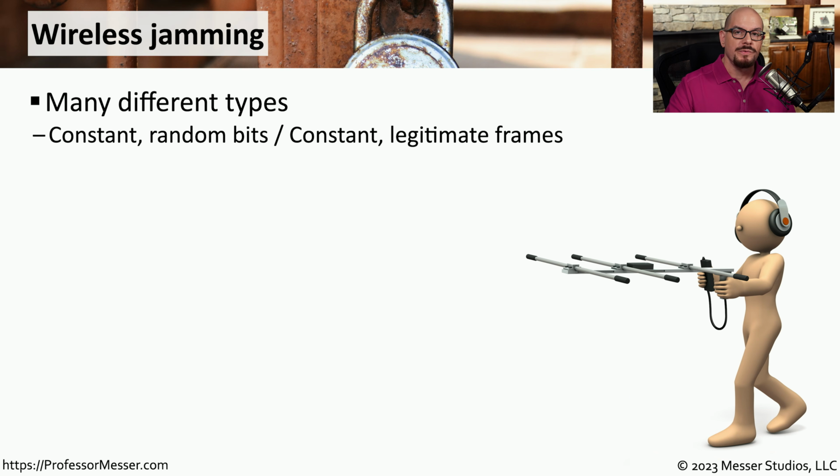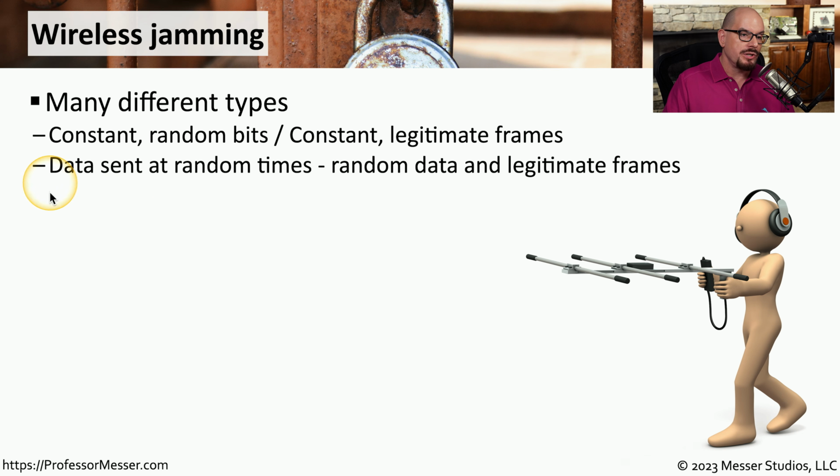There are many different ways for an attacker to cause this type of jamming. They could send a constant amount of information, they could send random data across the network, or they might send a large number of legitimate frames over this wireless network. All of this would cause noise and problems for people that were trying to communicate to this access point. The attacker might also send data at random times to make the troubleshooting of this problem a little more difficult.